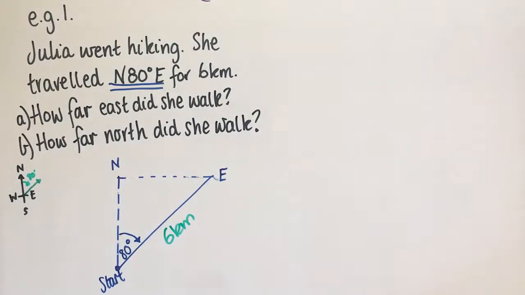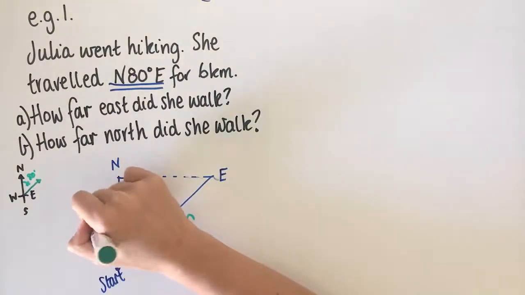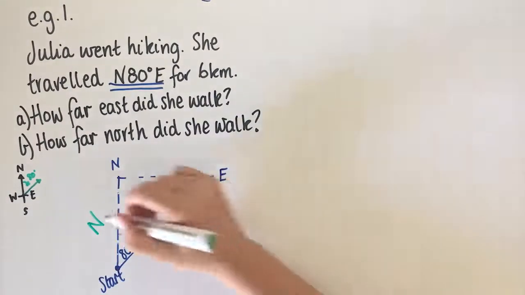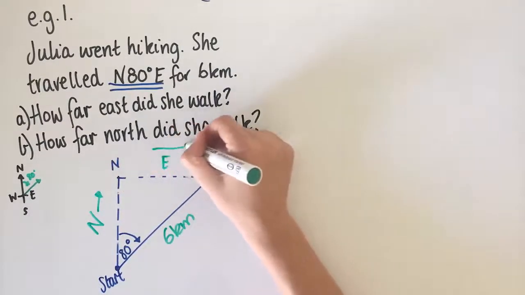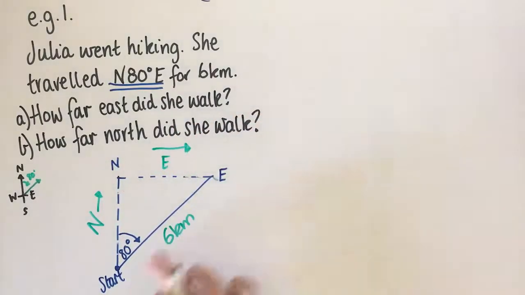So what we need to find is how far north she walked, because north is this way, and how far east she's walked from the starting point. Let's do east first, because that's what the question's asking us. We need to label the sides of our triangle according to this angle here.